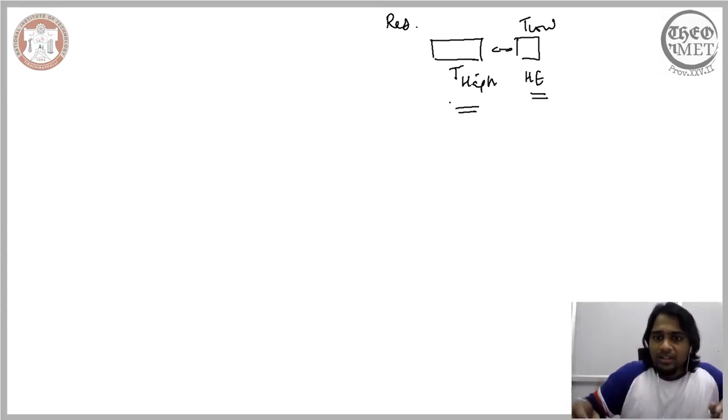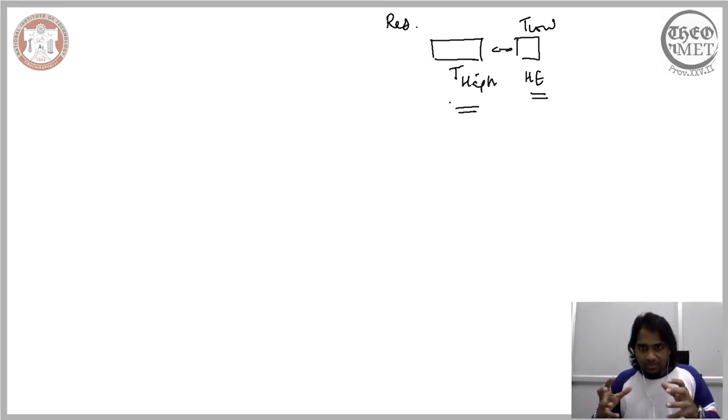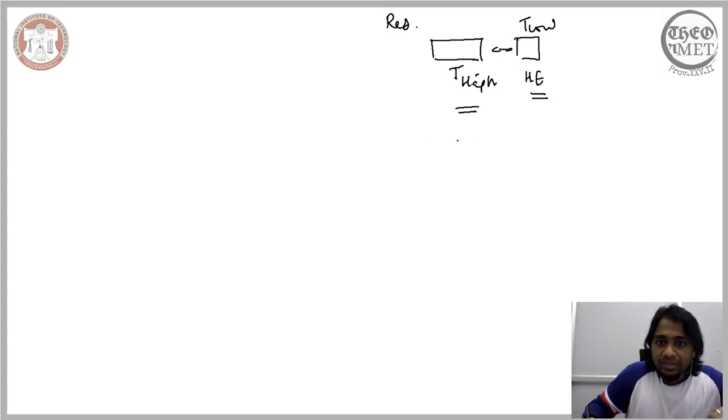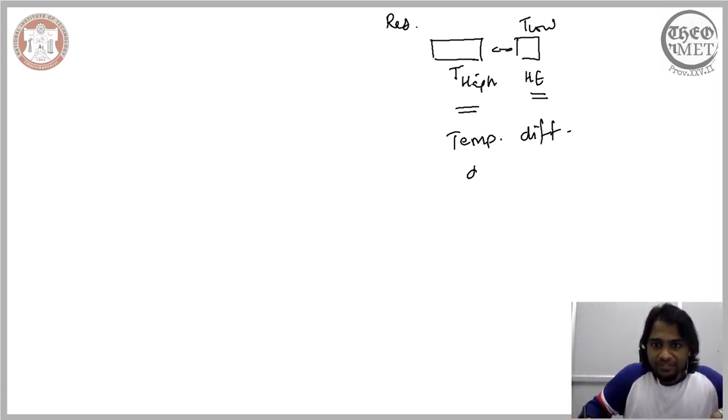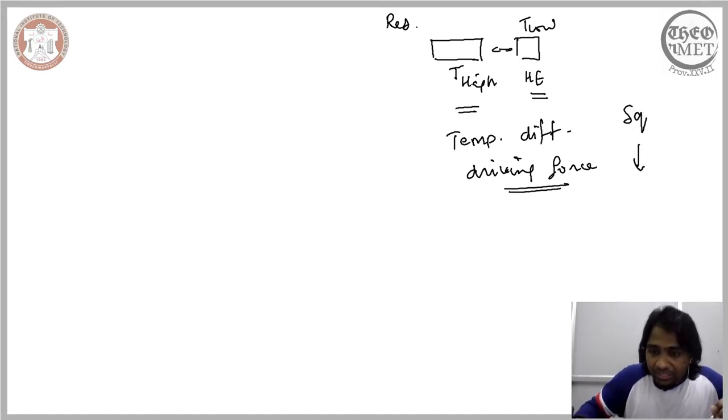When we want to describe what drives, what governs, what dictates the transfer of heat, it is the temperature difference. So the driving force for the transfer of heat is the temperature difference, and this driving force is responsible for the transfer of heat, which is responsible for the work done.